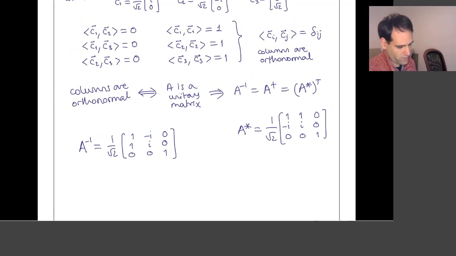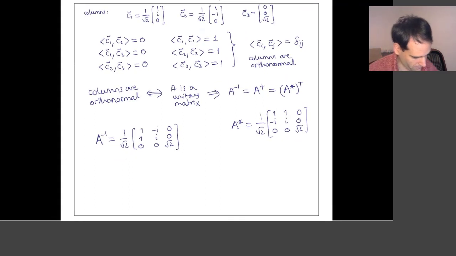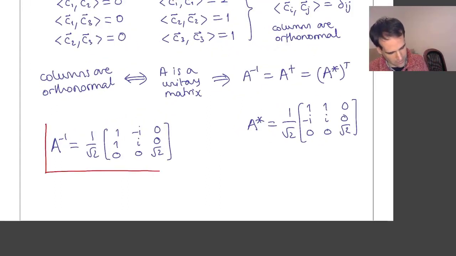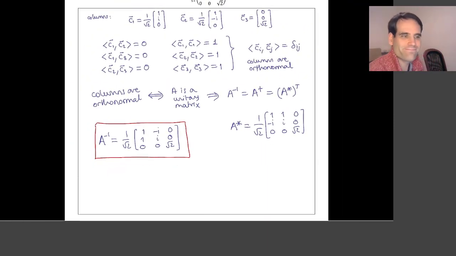And this is the inverse of this. Oh, sorry. Here I should have written square root of 2, because there is a square root of 2 outside. So this is the inverse for this unitary matrix. You see how easy it was to calculate. Thank you very much.